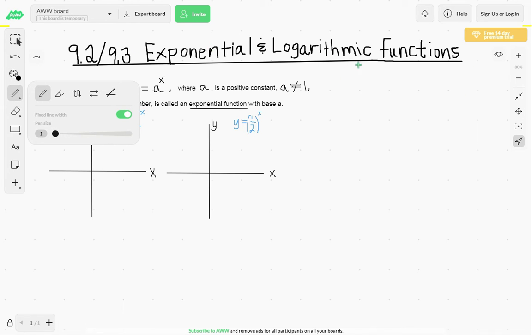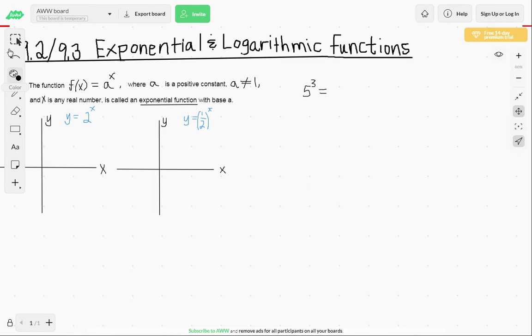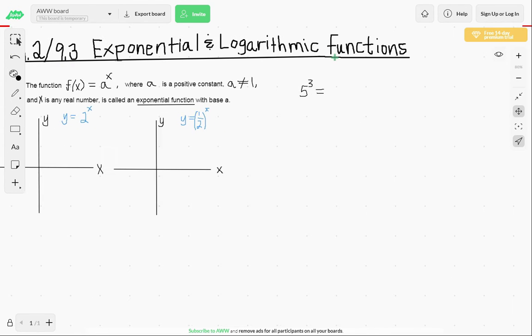If we have an integer exponent, it's very straightforward. With 5 to the third, we know from way back in section 1.6 that it means 5 times 5 times 5, which is 125. So when it's an integer, it's just repeated multiplication.